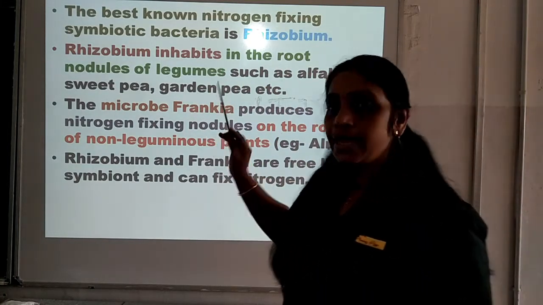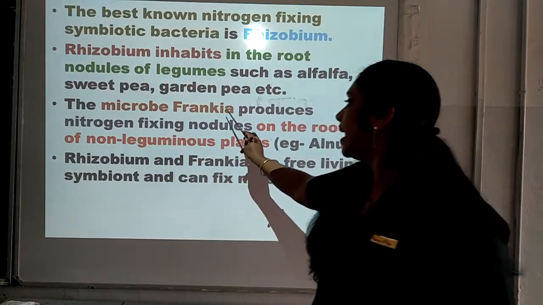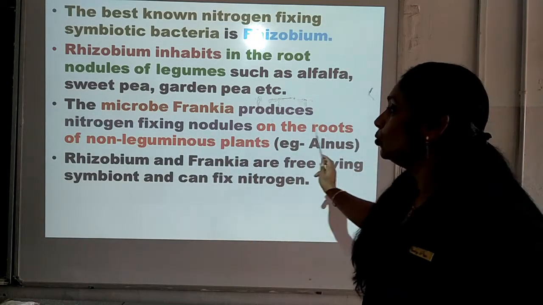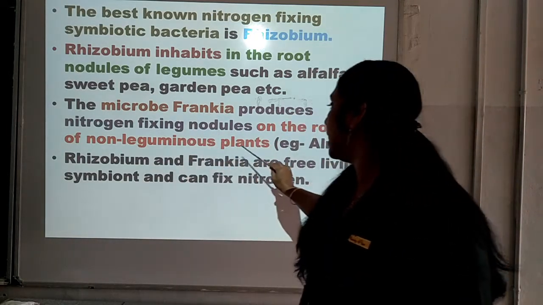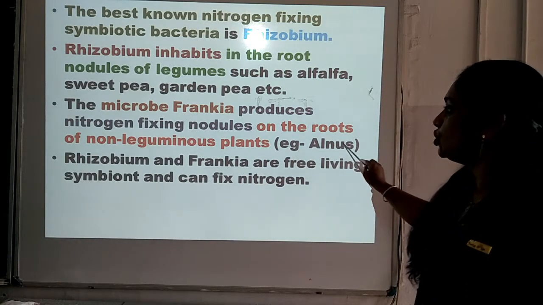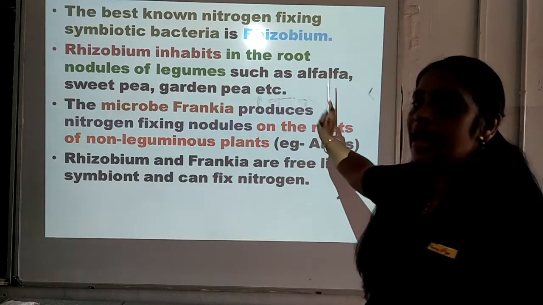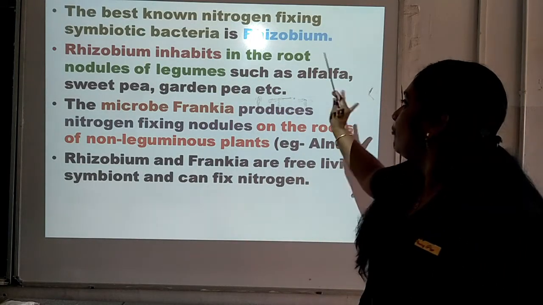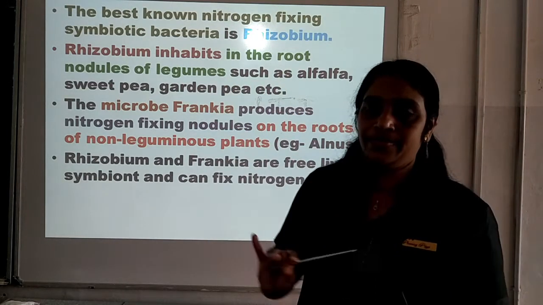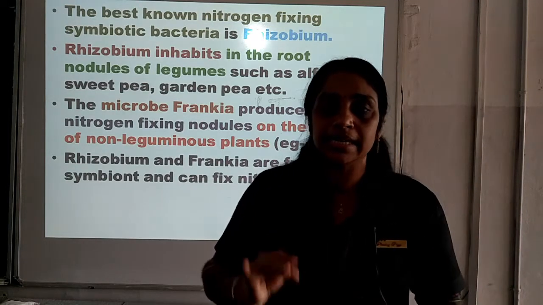Now, the second example is again very important. The microbe Frankia produces nitrogen fixing nodules on the roots of non-leguminous plants such as Alnus. So, Alnus is to Frankia, as Rhizobium is to alfalfa. Alfalfa is a plant which is leguminous, which is having leghemoglobin as a pigment in them.